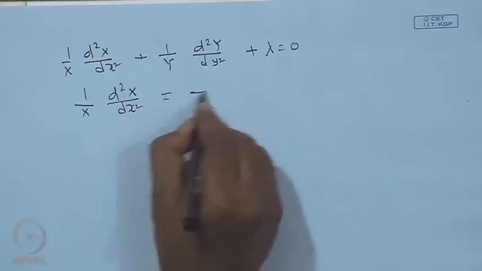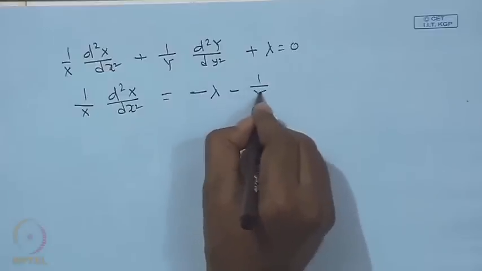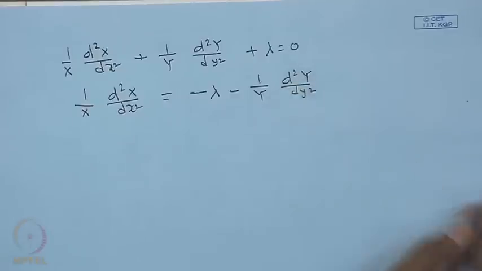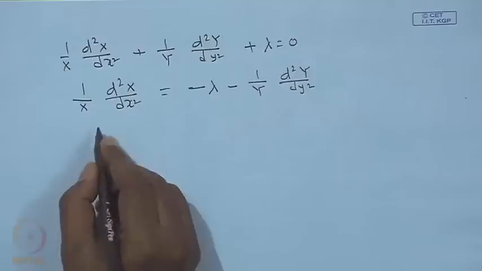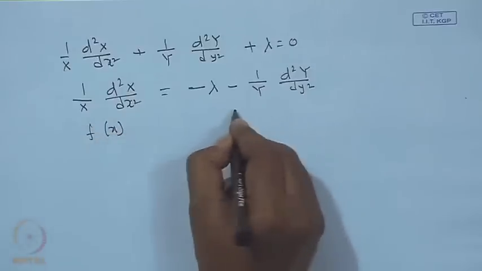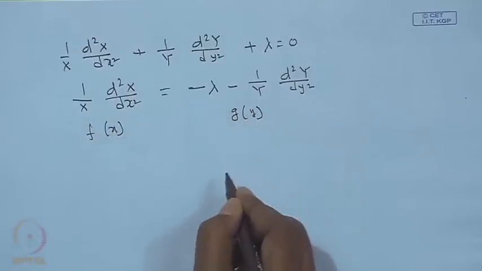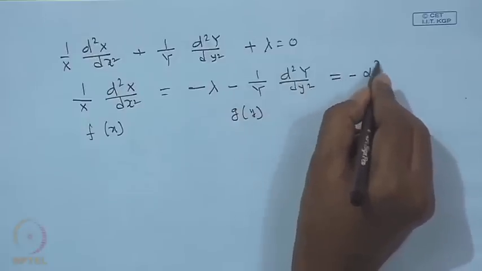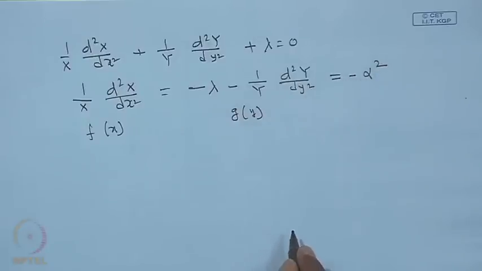So, this becomes minus lambda minus 1 over Y d square Y dy square. Now, if you examine this equation, the left hand side is a function of x alone, the right hand side is a function of y alone. They are equal, so they will be equal to some constant, and this constant can be 0, positive, or negative. We have seen earlier that if this constant is 0 or positive, we will get a trivial solution, but we are looking for a non-trivial solution. Therefore, this constant has to be a negative constant.